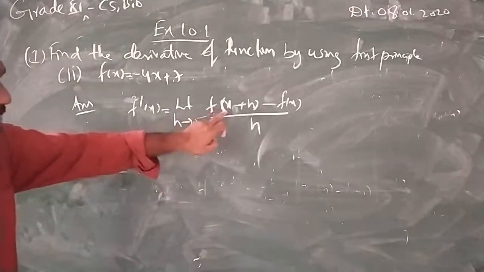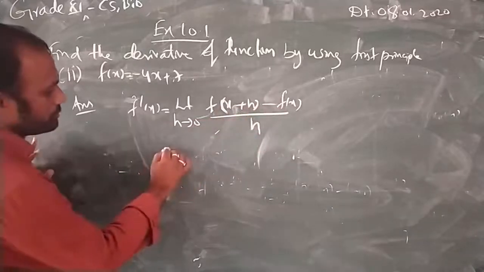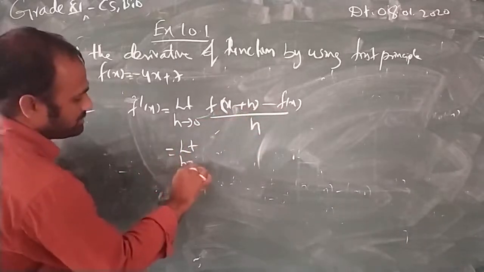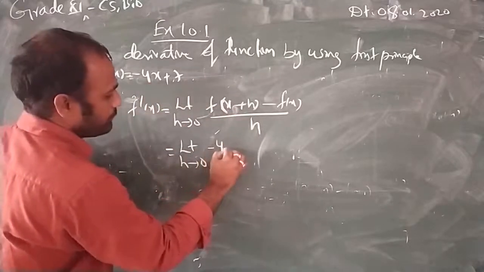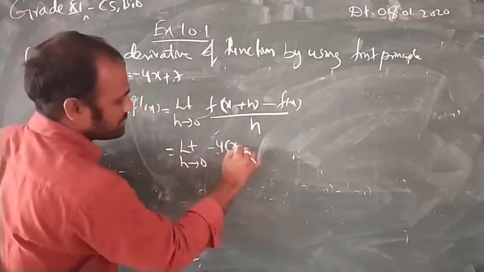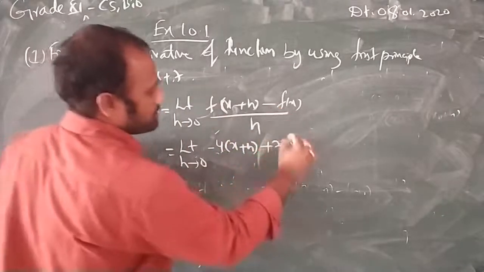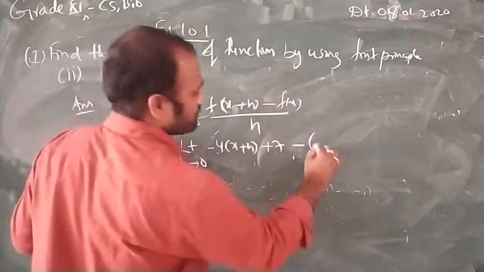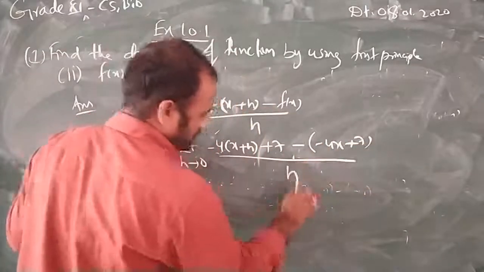So we need to find out first the f of x plus h value, then minus f of x. So limit h tends to 0, f of x plus h means, minus 4 in place of x we have to put x plus h, minus 4 times x plus h plus 7. Next minus f of x value, let us put in brackets minus 4x plus 7, divided by h.